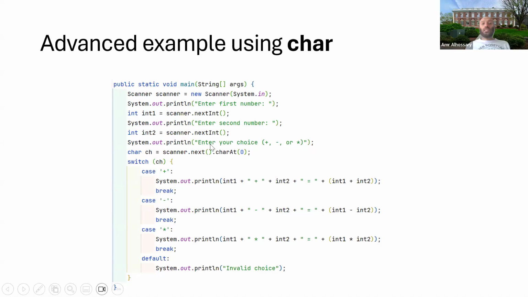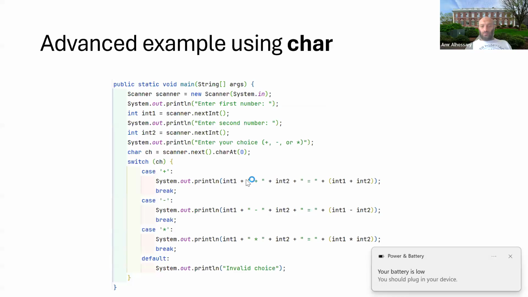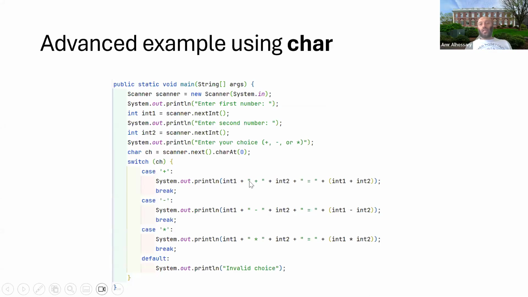Instead of asking the user to enter a choice 1 or 2 or 3, and then based on the number we go to the corresponding branch, why don't you ask the user to input the sign itself, plus or minus or asterisk?